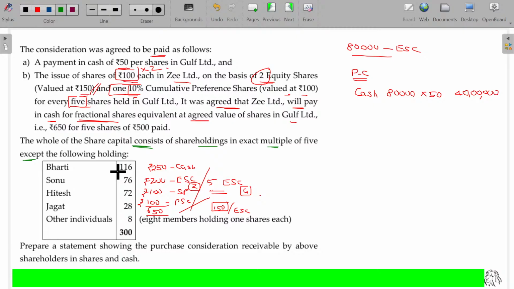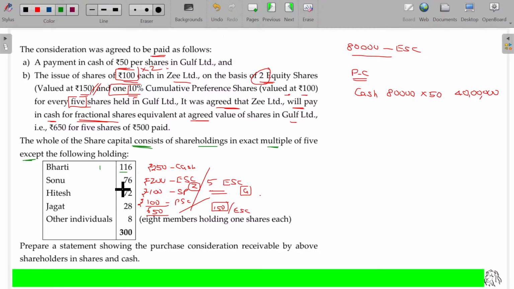But these 5 shareholders do not have exact multiples of 5. In case of Bharti, he holds 116. 116 means how many 5 shares are there? 116 divided by 5: 115 will go off, 1 will be the remaining share. That odd number being a fractional share, only 1.